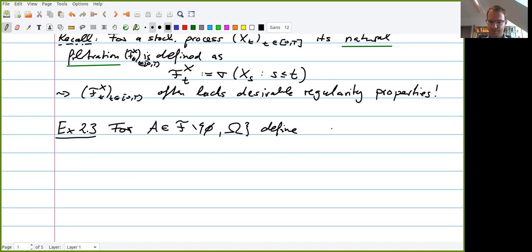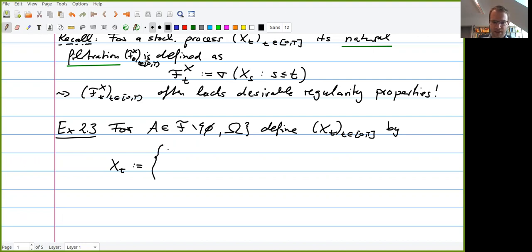In this example, we consider X_t defined as follows. Two cases.